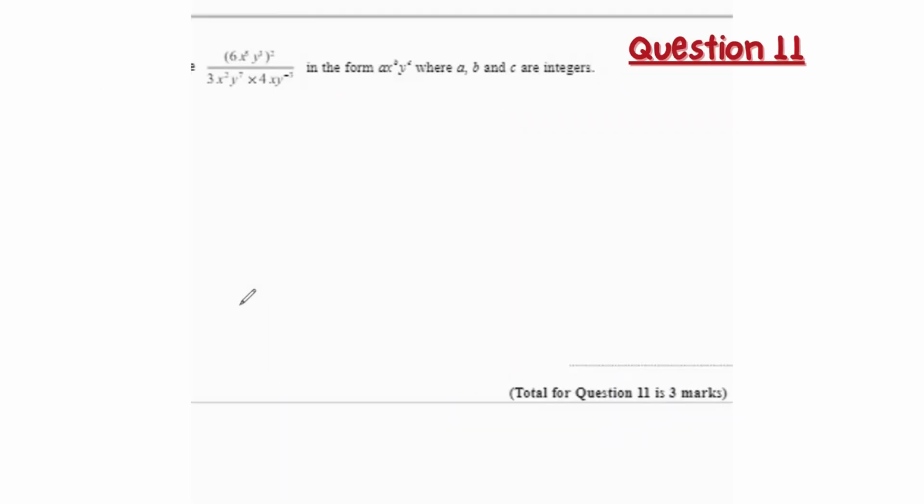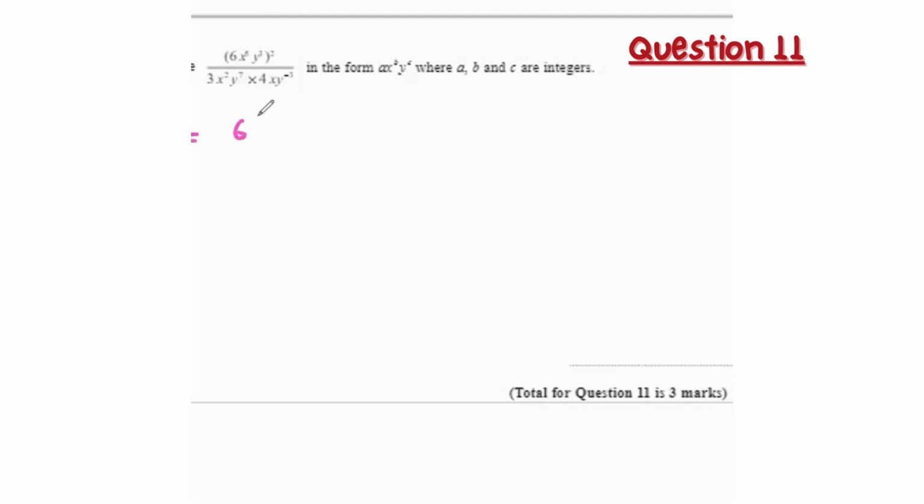Right, 6 times x to the power of 5 times y cube whole power squared divided by 3x squared times y to the power of 7 times 4x times y to the power of -3, in the form of ax to the power of b times y to the power of c, where a, b, and c are integers. So what we're going to do is distribute the power in the numerator first.